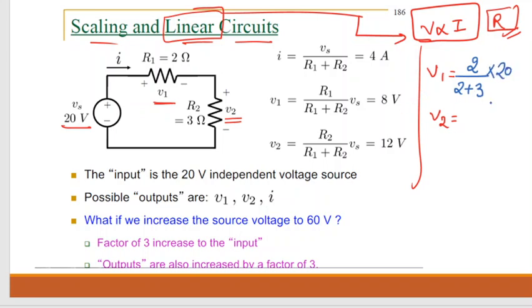So we'll solve it, then we'll get 2 by 5 into 20, which is 8 volt. So V1 is how much? 8 volt. Ideally, you are supplying 20 volt, right? And from this 8 volt is consumed by the resistor R1. So how much is the left voltage for R2?